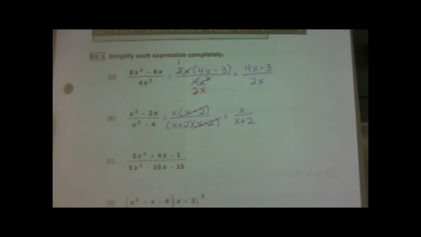If we look at C, let's go ahead and factor this. When you go to the numerator, you may want to use the box method here. We haven't used the box method in a little bit, but we may want to use that. So if I go over to the side and draw my box, I've got a 5 here and a negative 1 here.